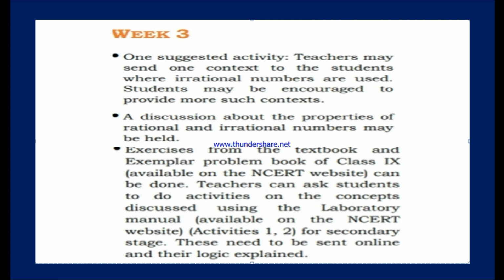Third point, exercises from the textbook and the exemplar problems book of 9th class available on the SCERT website can be done. Teachers can ask students to do activities and the concepts discussed using the laboratory manual. These need to be sent online and their logic explained. This is the syllabus suggested for the 3rd week.